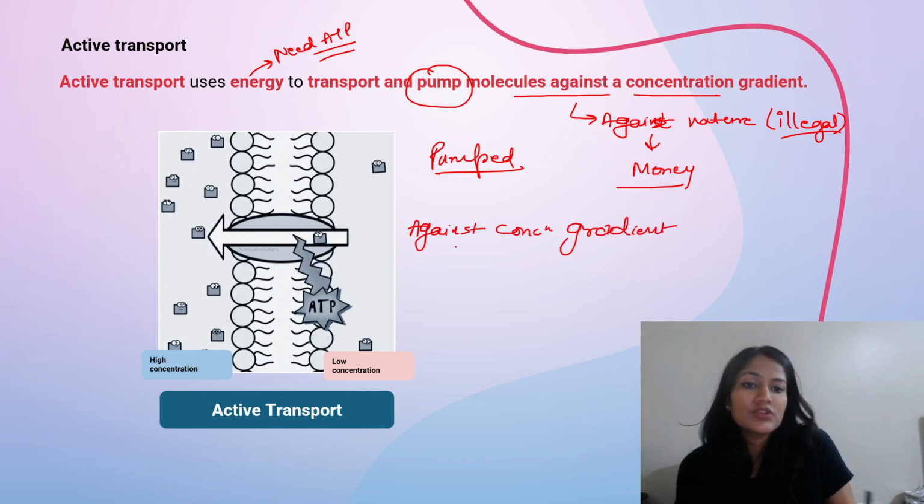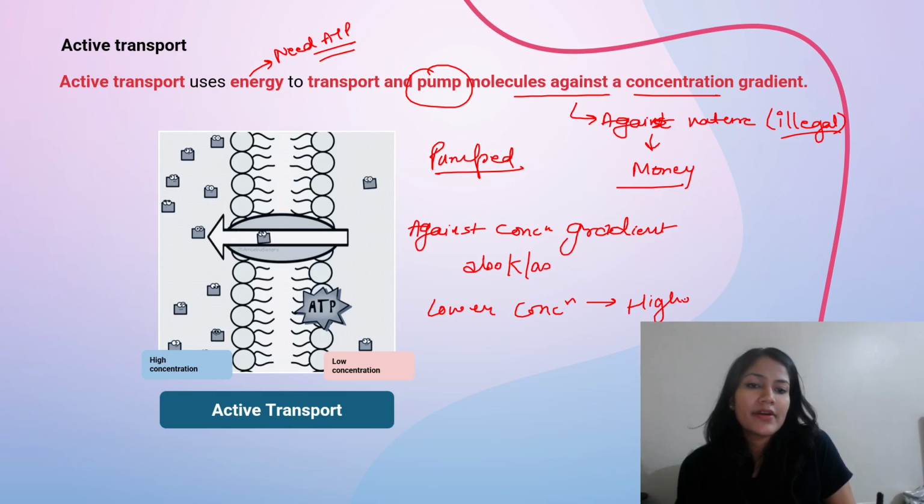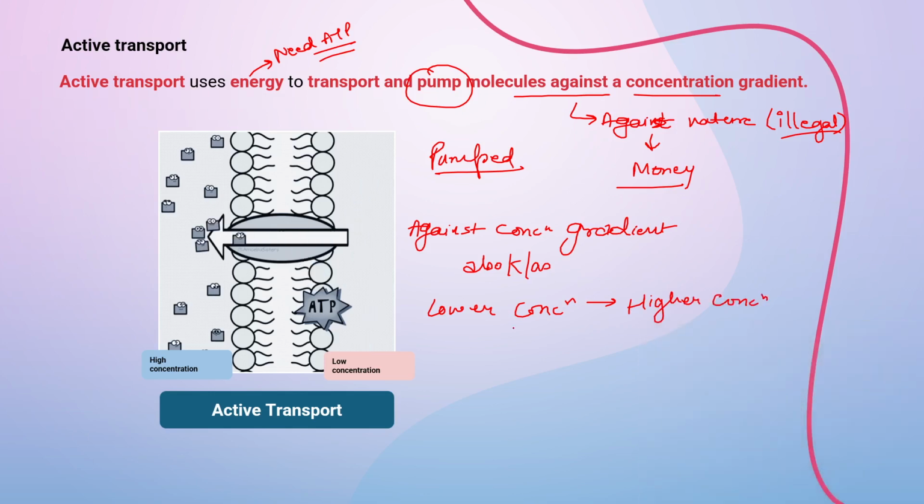Gradient, which is also known as lower concentration to higher concentration, and one more word also known as uphill movement. Yes, the movement is going to take place uphill.